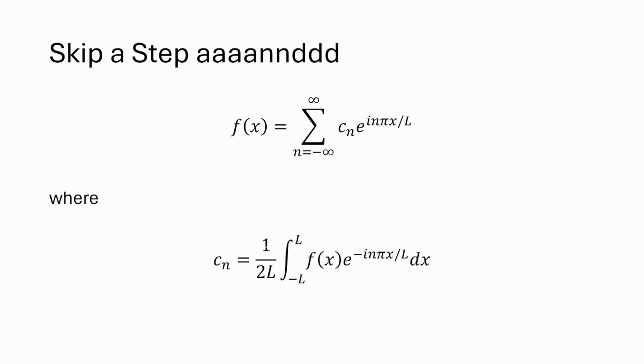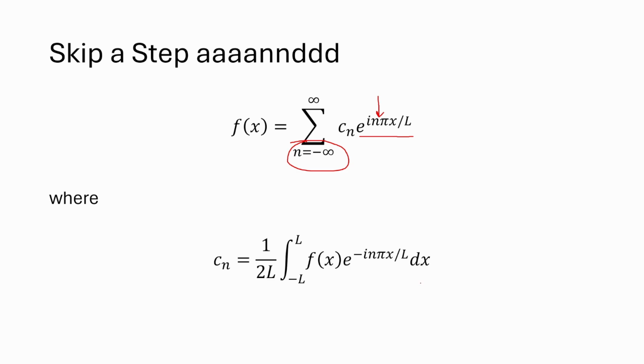Now, conservation of difficulty, the formula has become twice as hard because now we are going from n equals negative infinity to n equals positive infinity instead of just going from 0 to infinity. But there's only one of them, so we got that trade-off going on. Anyway, you can write your function as a sum of complex exponentials, each one with a particular frequency, and you can get the component, the magnitude really, of that frequency within your function by doing this integral.